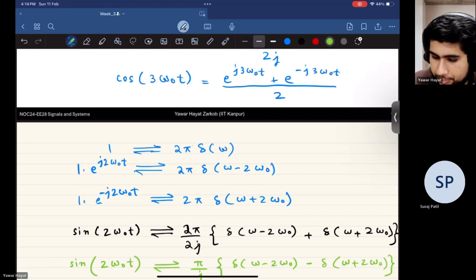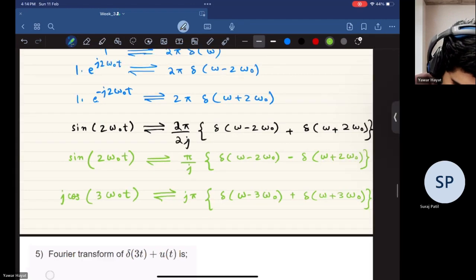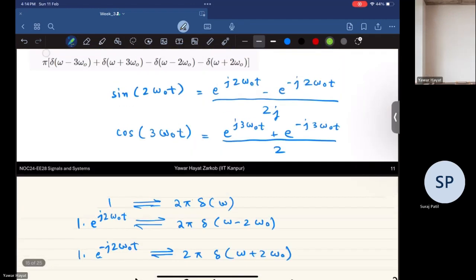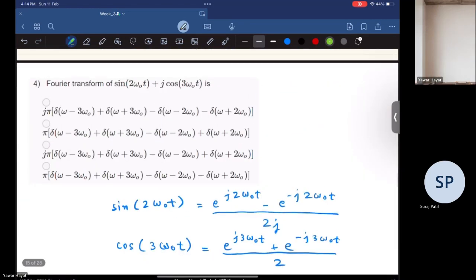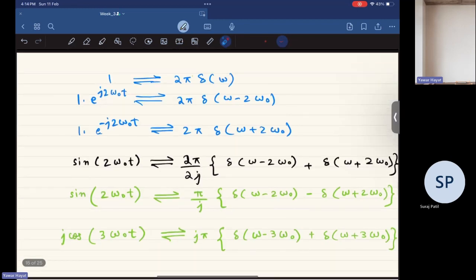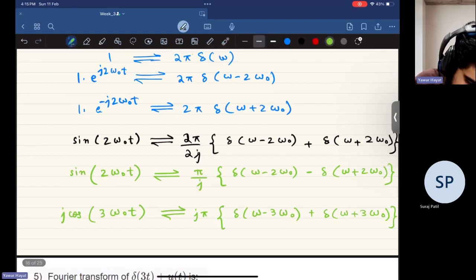And then, in the options, what if we take this j pi common? If I take j pi common, j, j, I'll have j square in the denominator. That is a minus sign. So, right, this is the answer that I want.